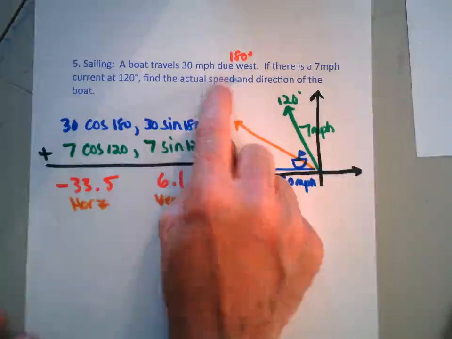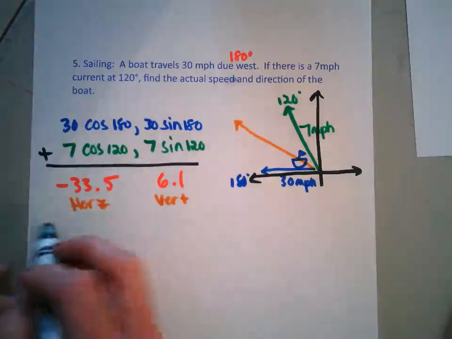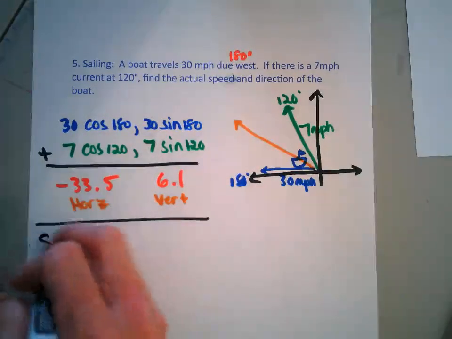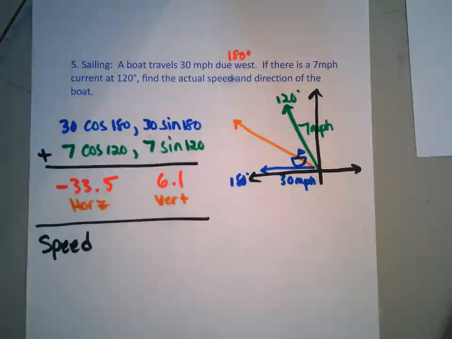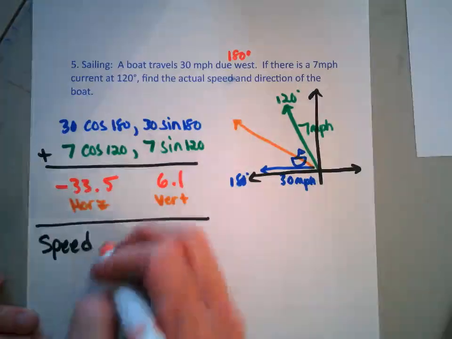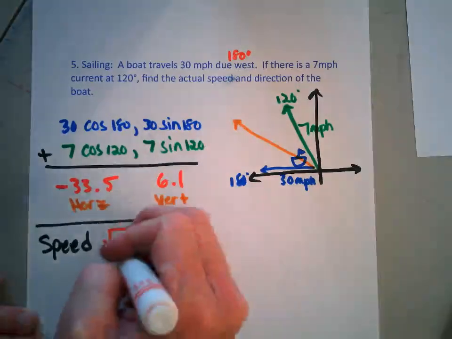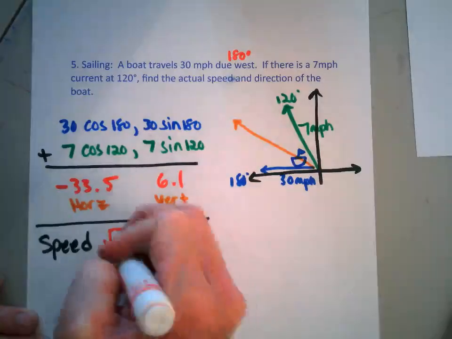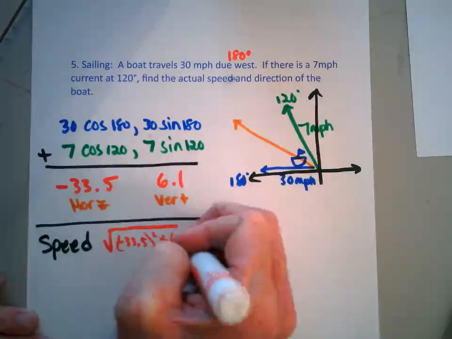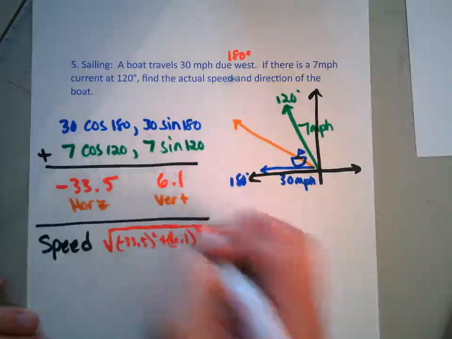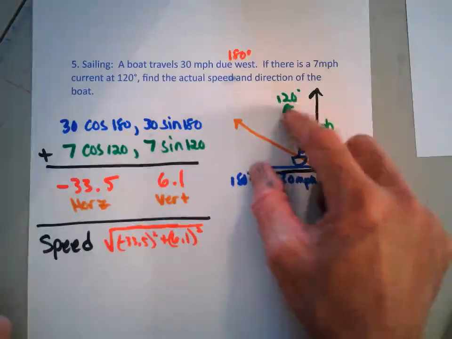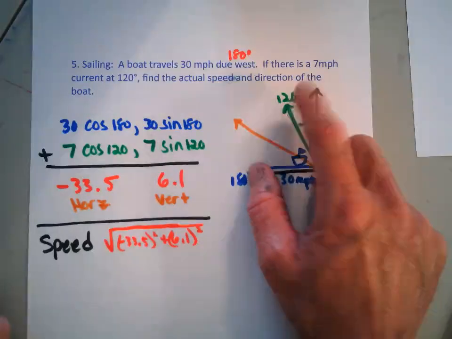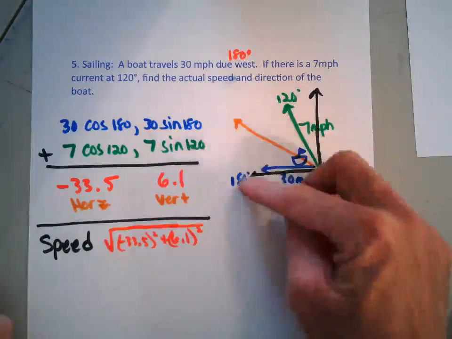All right, let's find the actual speed. This is the distance formula of these two numbers: negative 33.5 squared plus 6.1 squared. It should be in between these two, because the current at 120 is messing with the speed of the boat.